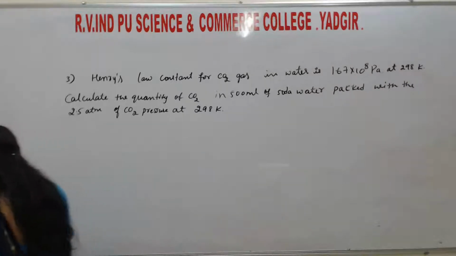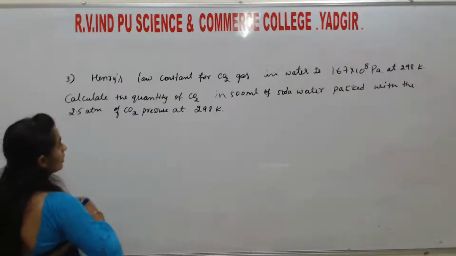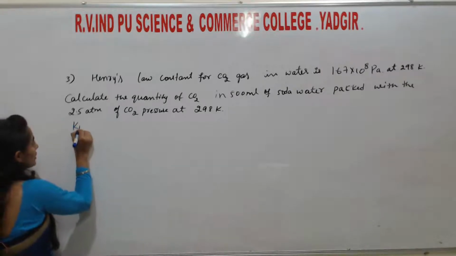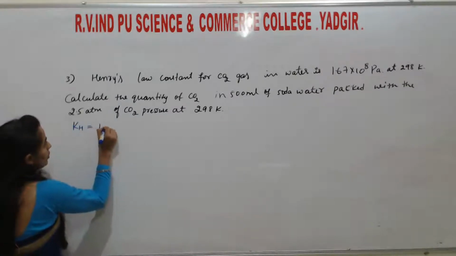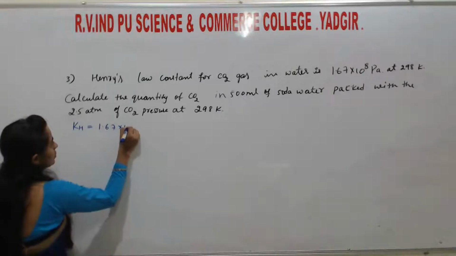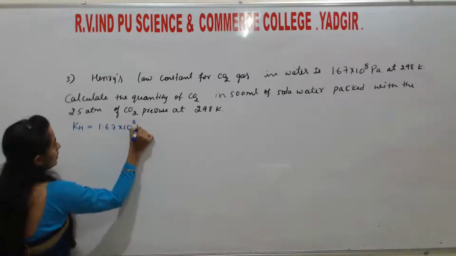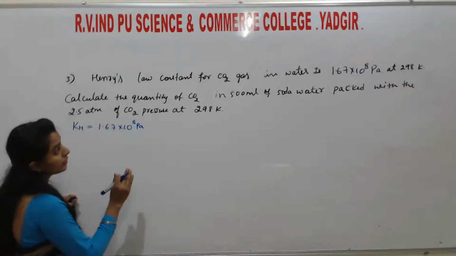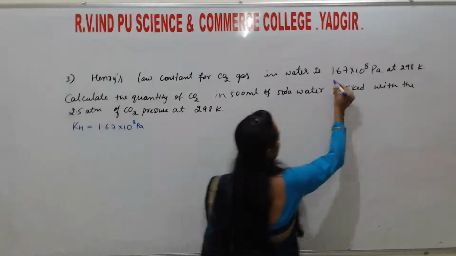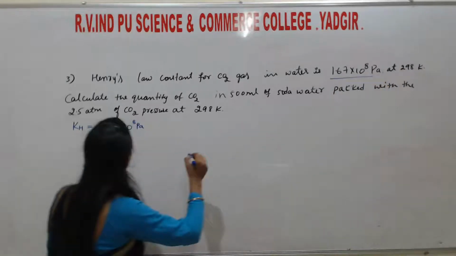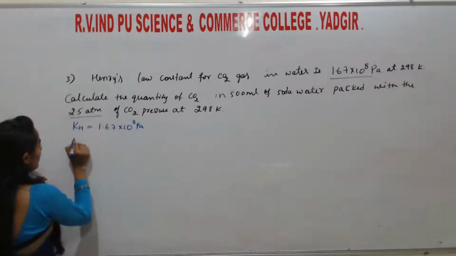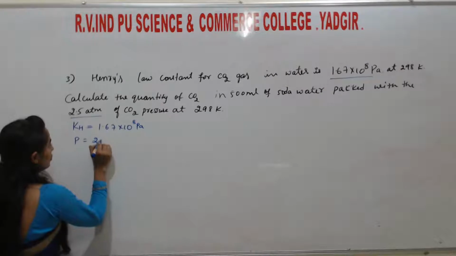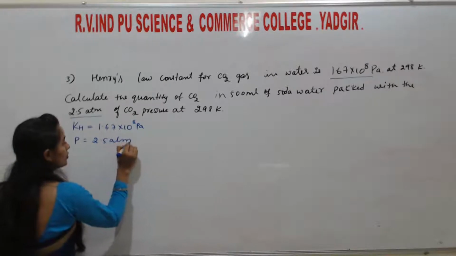So students, here what is given? Henry's law constant Kh is equal to 1.67 into 10 to the power 8 Pascal. Again, P is equal to 2.5 atmosphere.